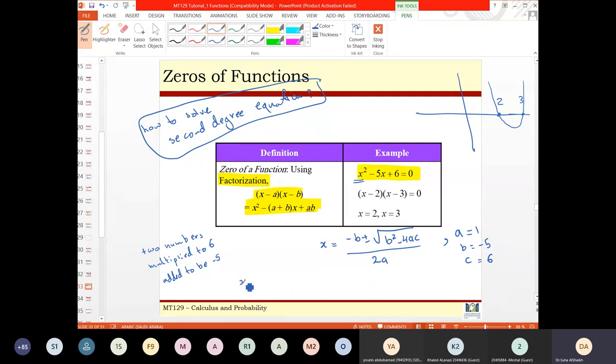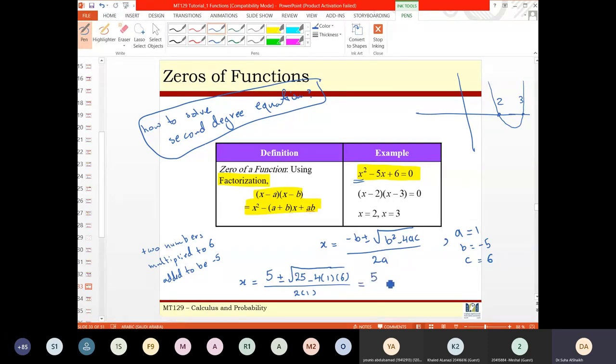So my x equals minus b, meaning minus minus 5, it will be plus 5, plus or minus the root. What's b squared? The square of minus 5, which is 25, minus 4, a is 1, c is 6, divided by 2 times a, and a is 1, so it's like this. Let's see if it gives the same solution or not.